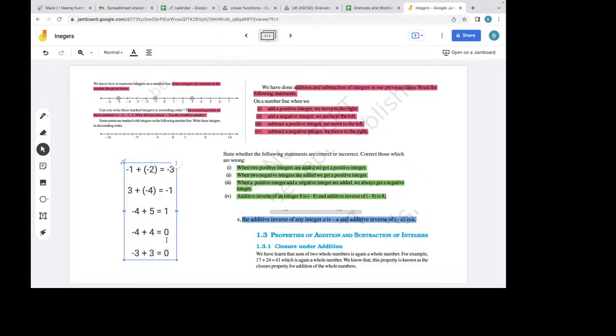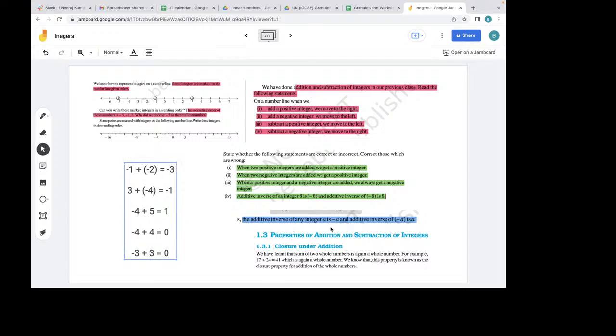If you add a number to the first number and you get 0, that means it is its additive inverse. You have added 4 to -4 and you got 0, so that means 4 is the additive inverse of -4. Again, you have added 3 to -3, that means 3 is the additive inverse of -3, and vice versa. -3 is the additive inverse of 3.